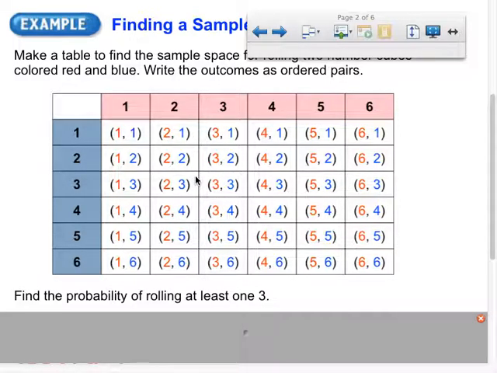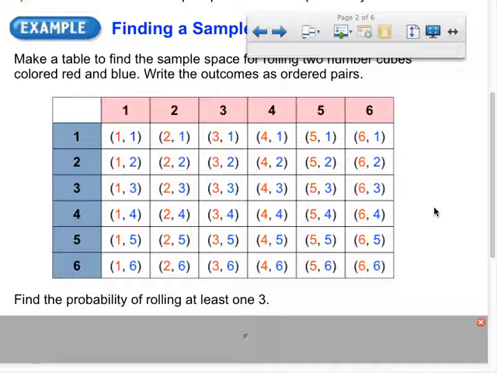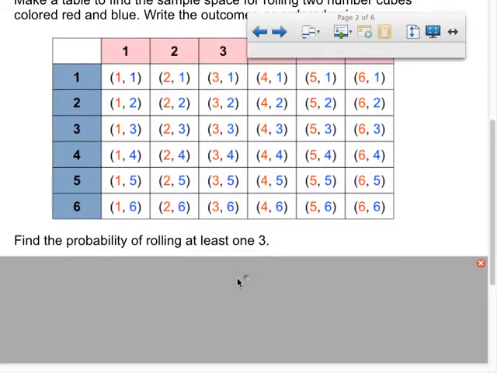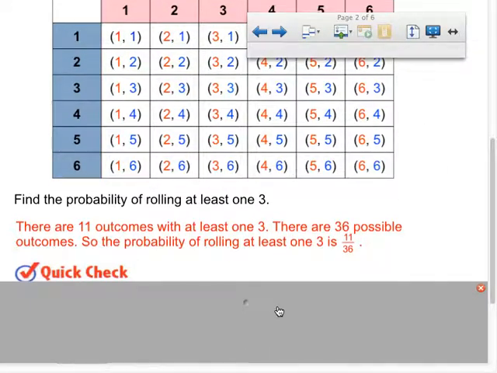Does that make sense? So that's why it's 11. Anybody else have a question? Now, what would the probability be? It's a fraction. 11/36. Very good.